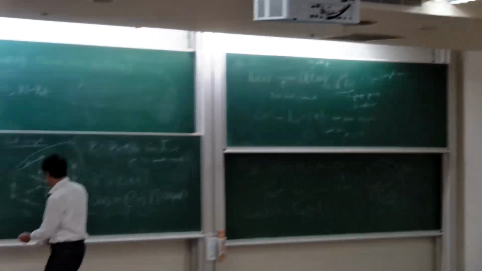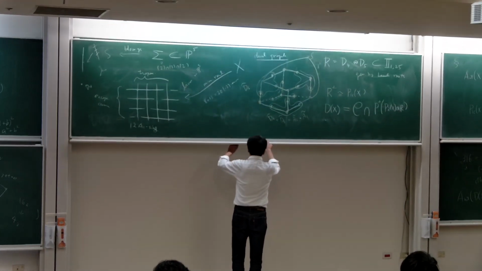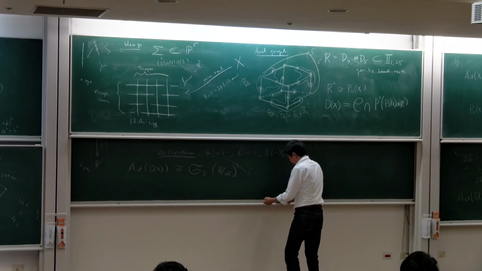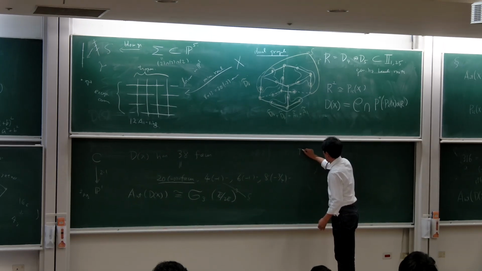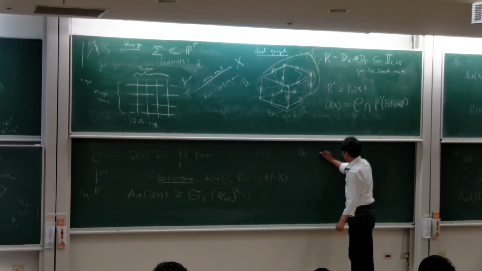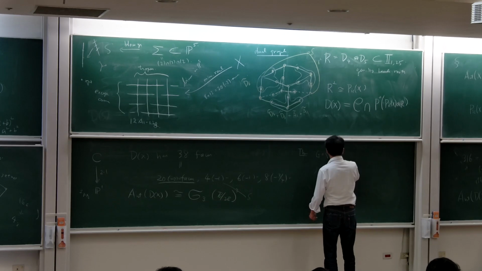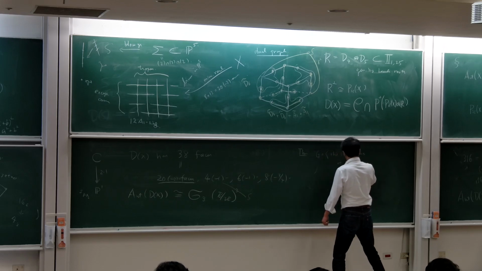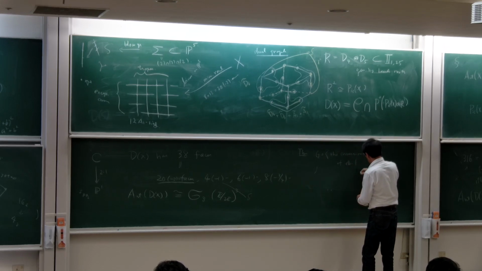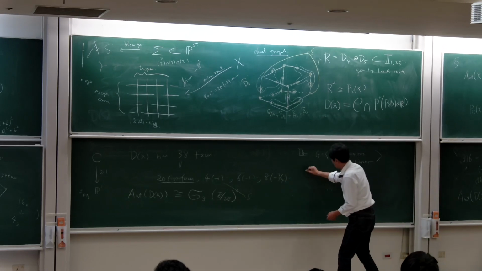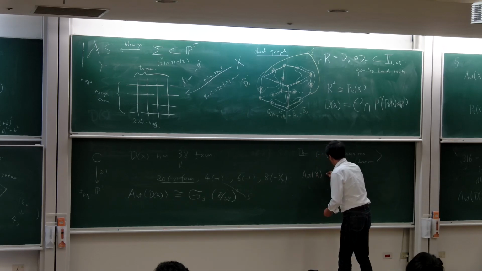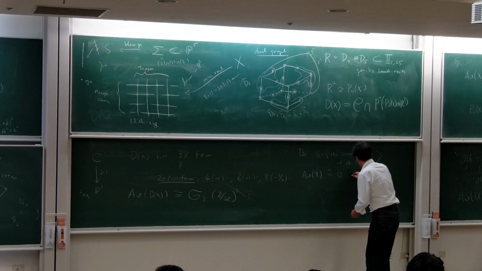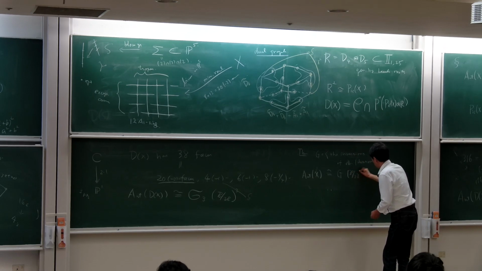So my claim is a theorem. Theorem: in this case, let this group be generated by inversions of suitable elliptic fibrations, and then the automorphism group of the Kummer is isomorphic to G and to G cube.